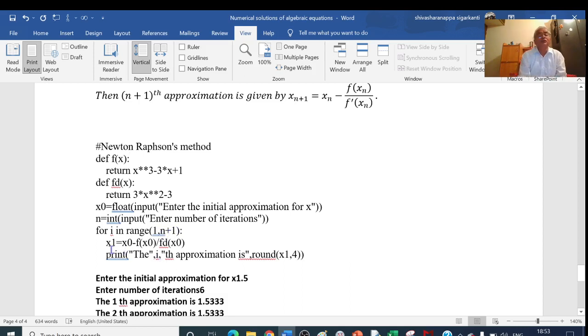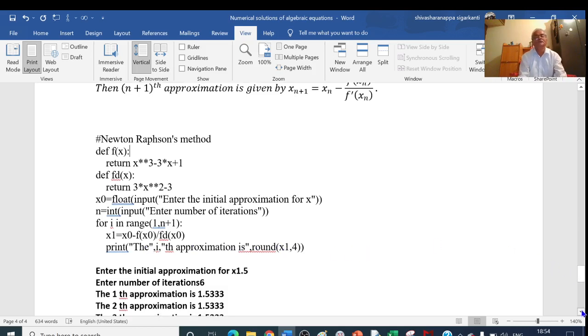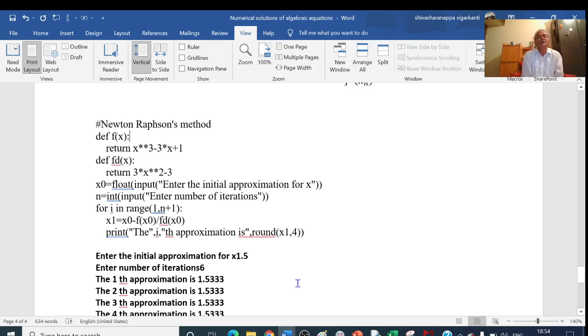Then I will find x1 is equal to, using this formula, x naught minus f of x naught divided by fd of x naught. Then I will print this value: print the ith approximation is x1. After this printing, I have to change this x naught.